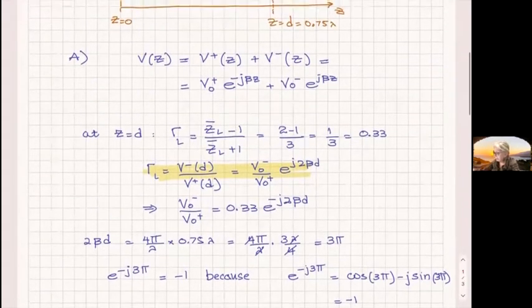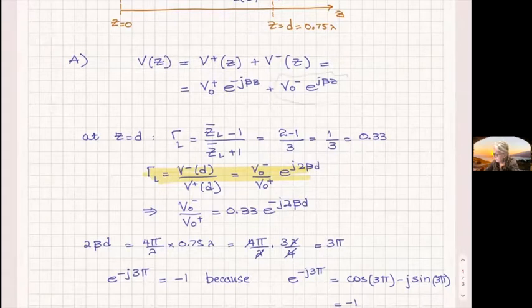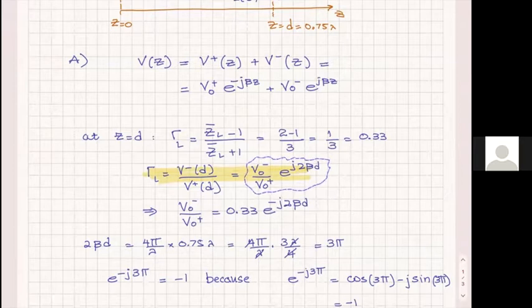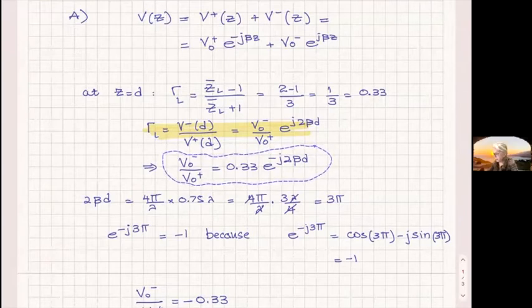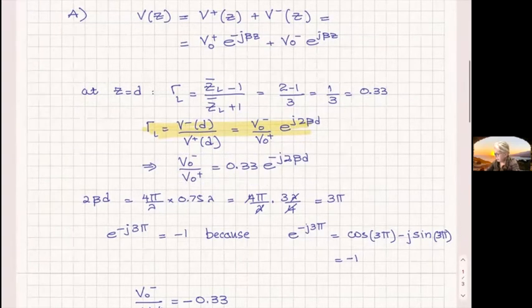The reflected voltage wave is this one, the incident voltage wave is this one, and when you take the ratio of the two at the end of the line, it is this one. Yeah, I get that part. What I was asking is, on the one you highlighted it is the positive j2 beta D, and on the next equation it becomes negative. See, then from this one, I'm solving for V0 minus over V0 plus, so I divide by e to the j2 beta D.